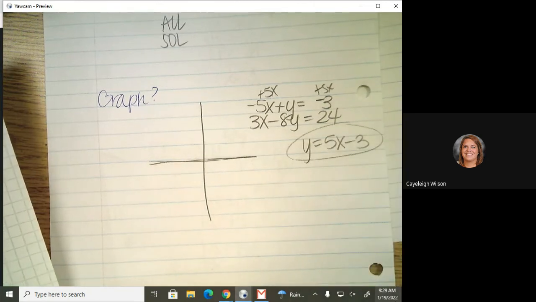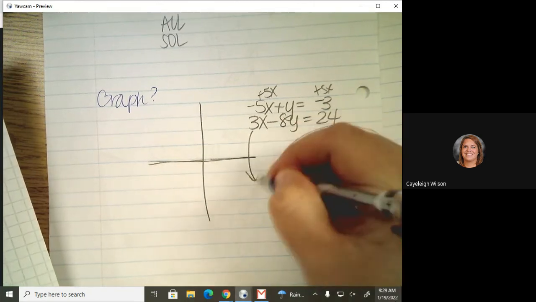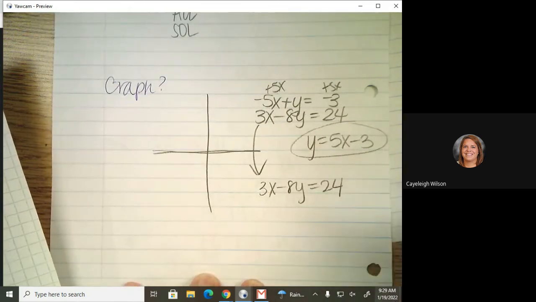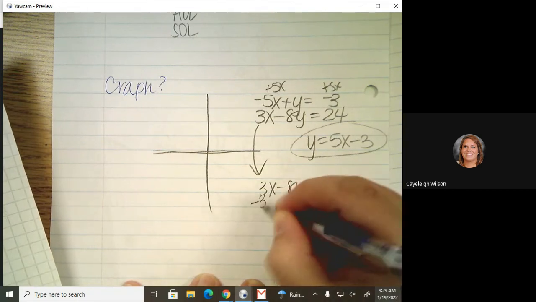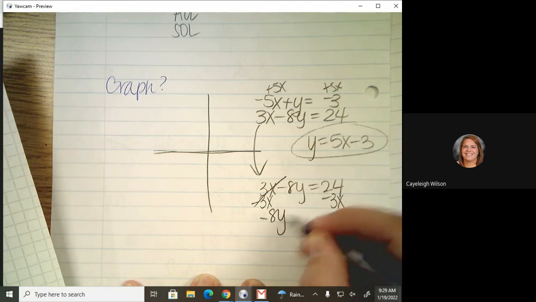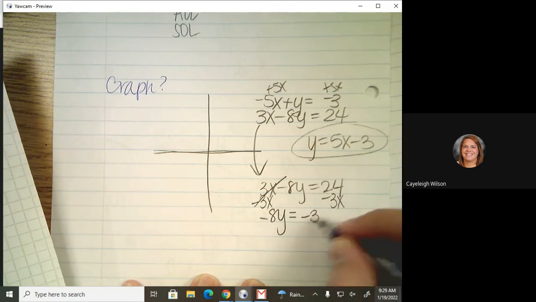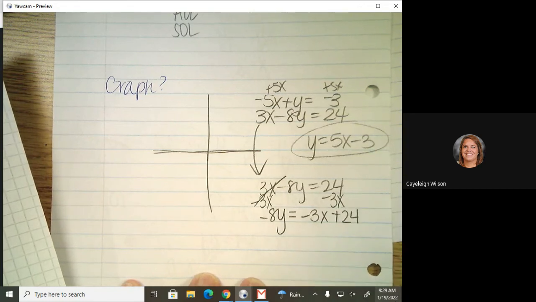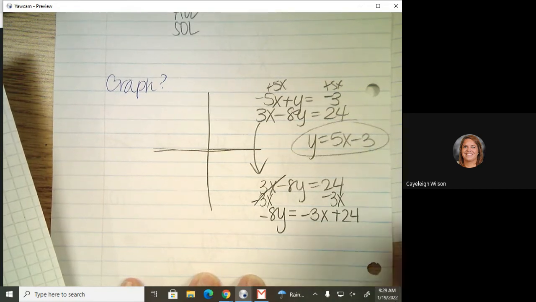Are we all good on that? Okay, this one though, I'm going to have to do a little bit more to solve it for y to graph it because we always want them in y equals mx plus b. So I'm going to subtract my 3x. So that's negative 8y equals negative 3x plus 24. And then what am I going to do to get y by itself?